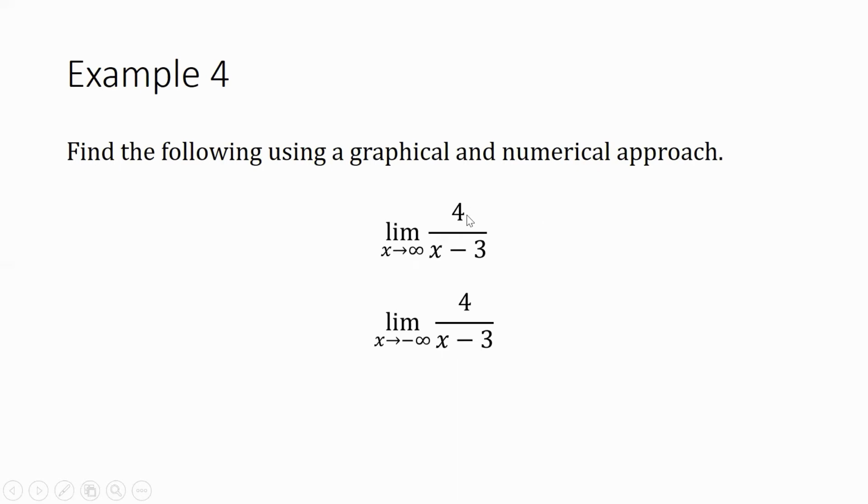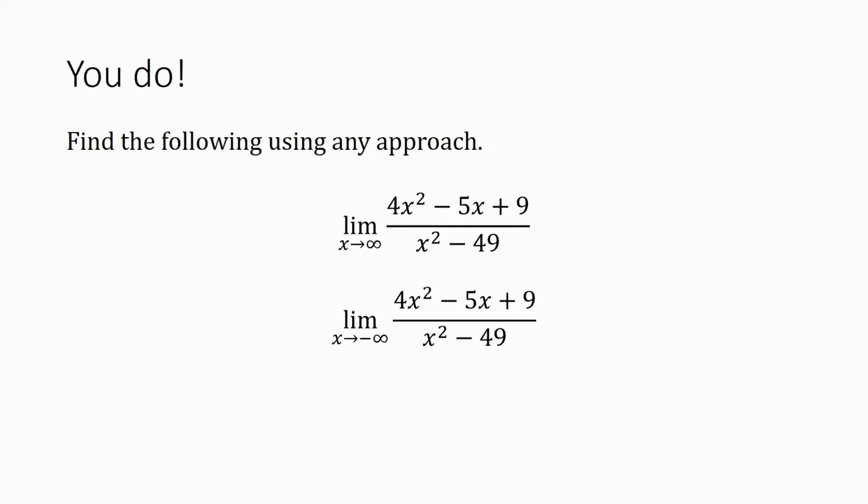And so if the numerator is essentially standing still and the denominator is growing, then this fraction is getting really, really close to 0 as x approaches infinity. Similarly, as x approaches negative infinity.